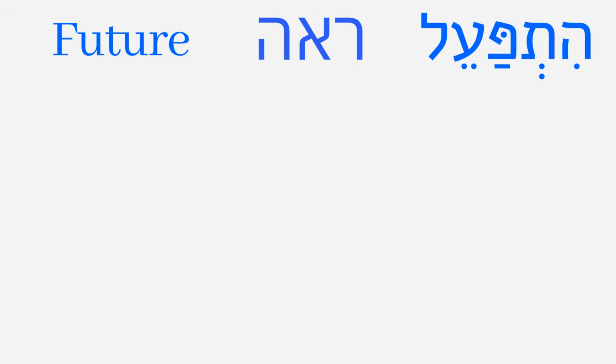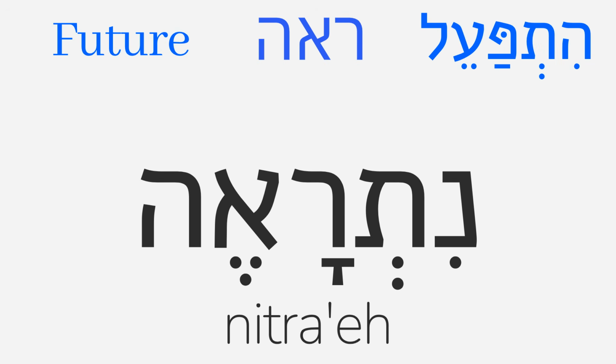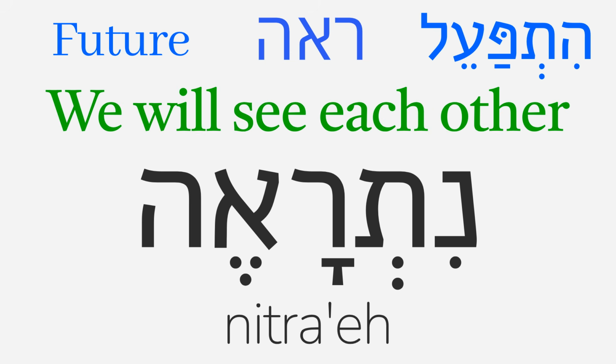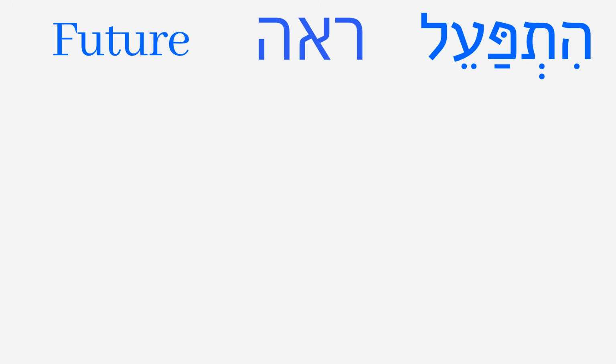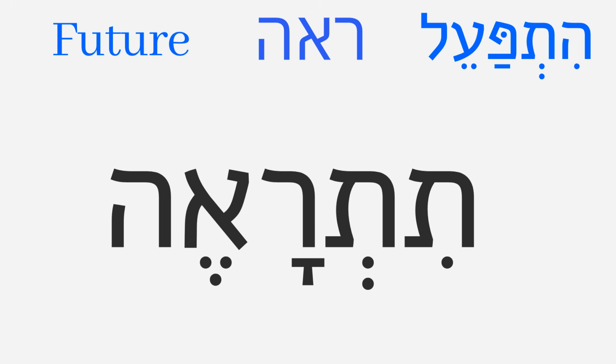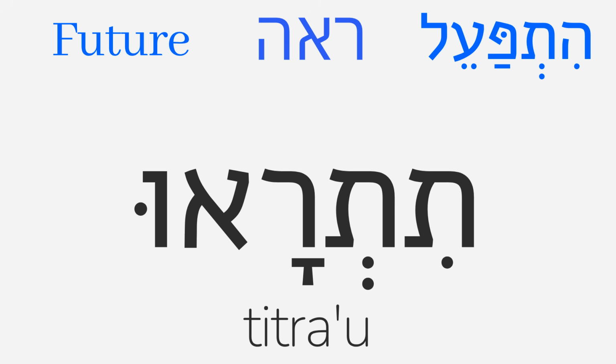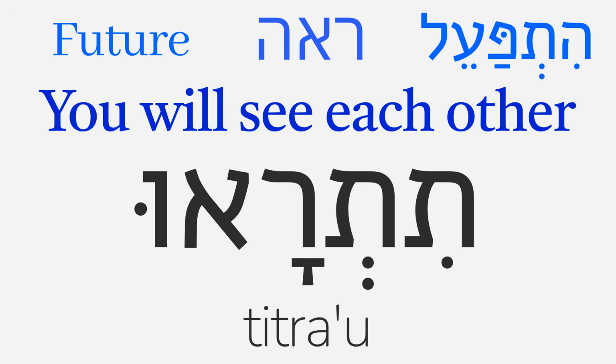The future tense forms also have this ending with a segol, as in nitra'eh, we will see each other. This ending is removed if other endings are added. From titra'eh, we can remove the eh and add u to make titra'u, you will see each other, masculine plural.